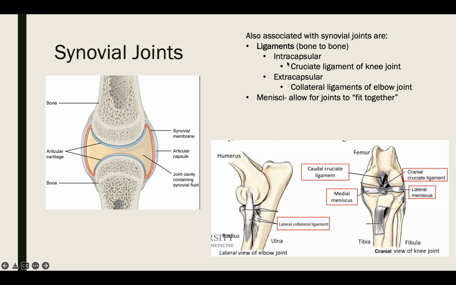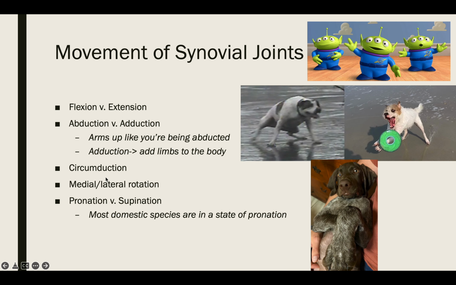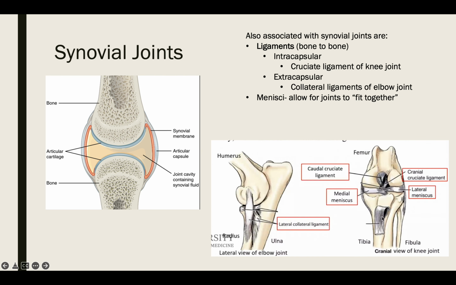Intracapsular, intra, it's going to be in. It's talking about ligaments inside. So in the knee, you have these ligaments in here that make a little bit of an X. These are going to be intra. Inside, you do have the lateral ligaments on the side of the knee as well, but you also have them on the elbow. So those are some terminology for you guys to know.